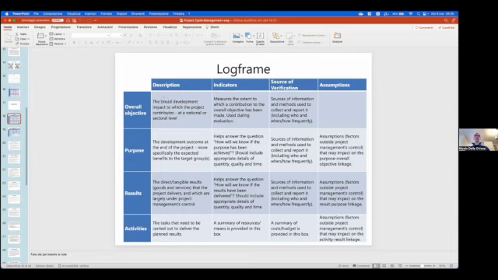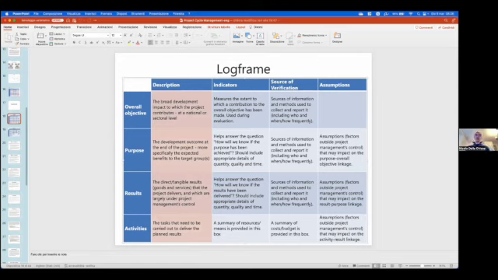So as you can see, we have 4 columns and 4 lines where we have the different parts of the project. So in this vertical line, or vertical logic, as it is called, there is the logic of the project.